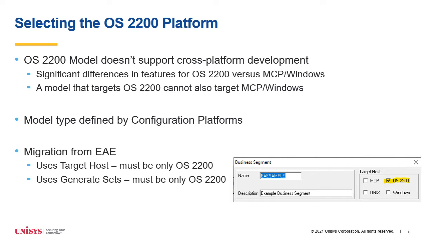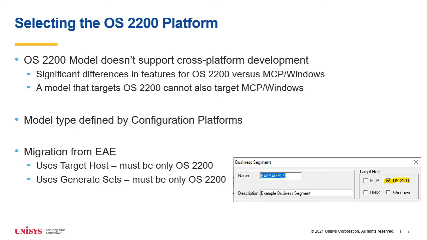The migration from EAE works in a similar way. It uses the target host setting on the business segment options dialog box and also the available generate sets. Now, to successfully migrate an OS 2200 model to AB Suite, the target host property must be set to only OS 2200, and you must have only OS 2200 generate sets in your model.